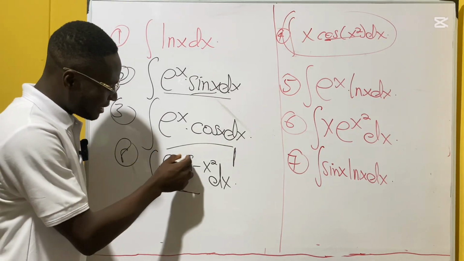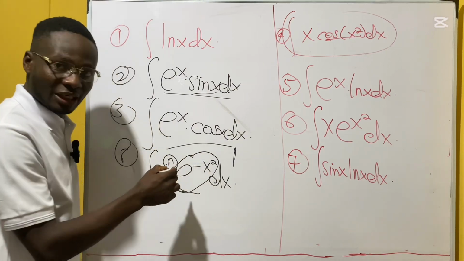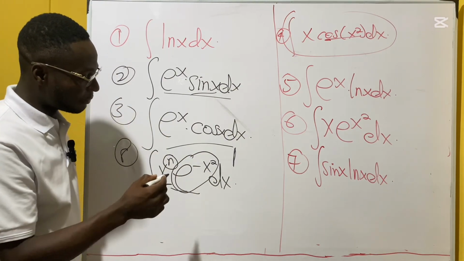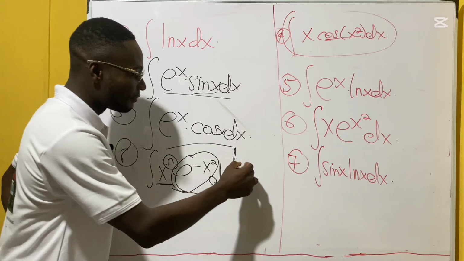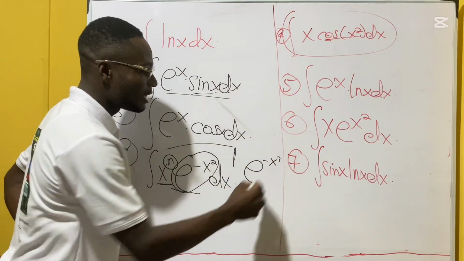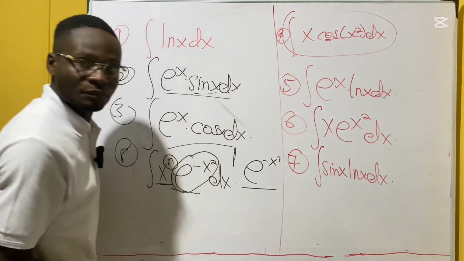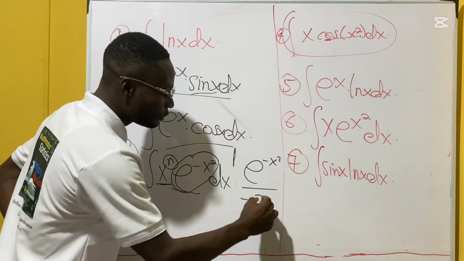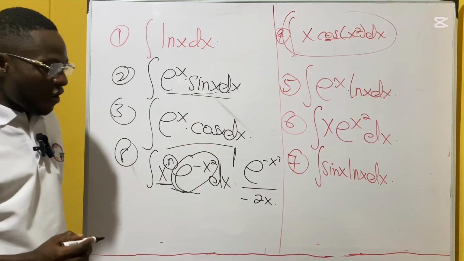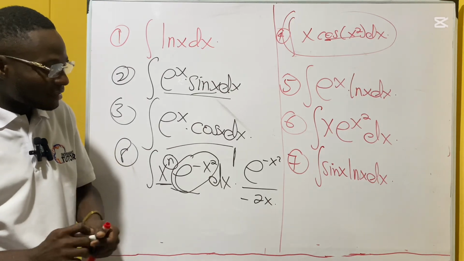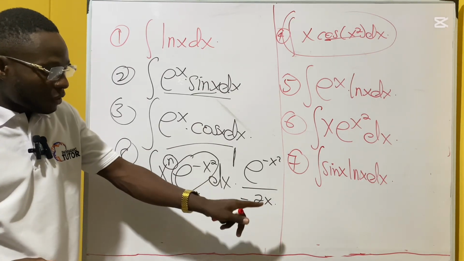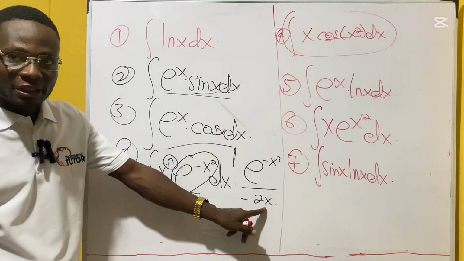But in this case, this right here is non-elementary. What I mean by non-elementary is that when you integrate this, you're going to have e power negative x squared over negative 2x. Of course, you are not having a complete elimination of the variable from the function.